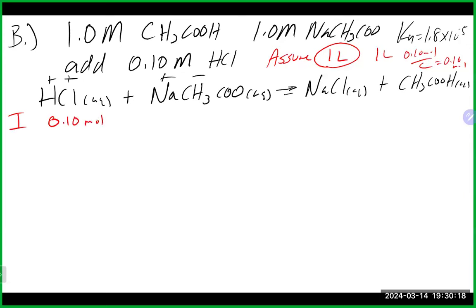And again, these are moles. My sodium acetate would be 1 liter times 1, which is 1 mole. Nothing here for my sodium chloride. And my acetic acid would be 1 liter times 1 molar, which would give me 1 mole.